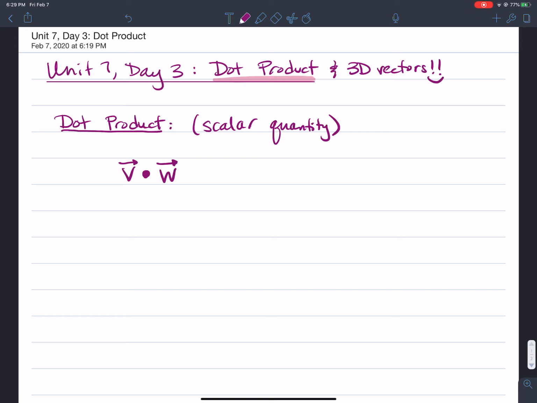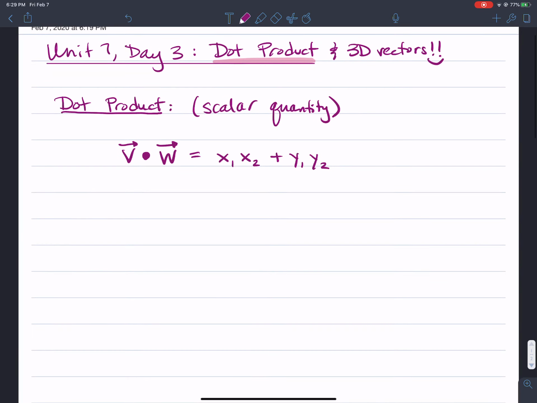That does not mean times, that means dot, as in dot product. It's larger than a multiplication sign. That dot product is found by doing x1 x2 plus y1 y2. So the two x components of the two vectors plus the two y components. And that's the rule for finding the dot product.